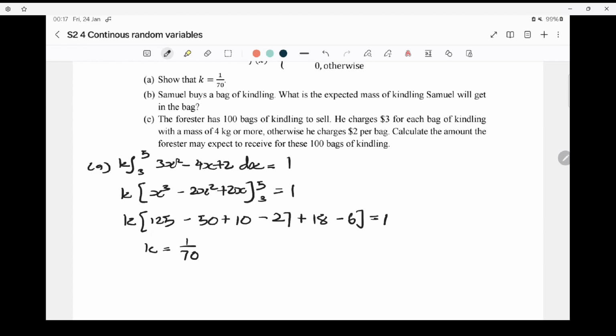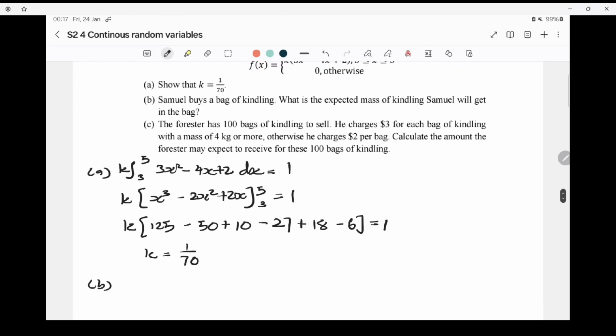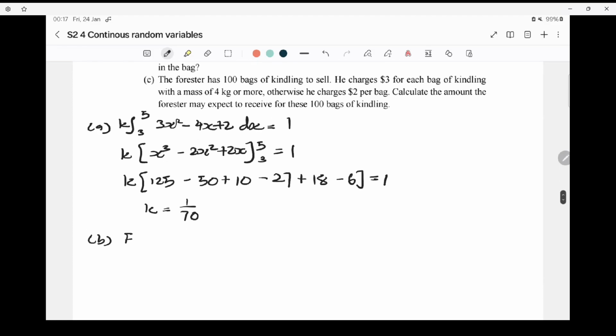Samuel buys a bag of kindling. What is the expected mass? So if you want to find the expected mass, this will be E(X), and this is the same as integrating from 3 to 5 of x, with the coefficient k, multiplied by everything inside.